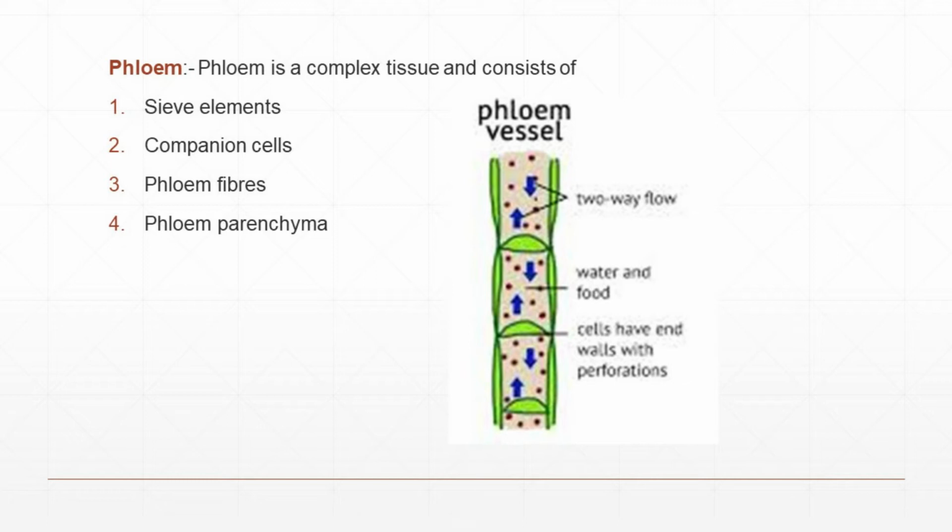Phloem parenchyma are living cells which have cytoplasm and nucleus. Their function is to store food materials. The last one is phloem fibers. Sclerenchymatous cells associated with primary and secondary phloem are commonly called phloem fibers.